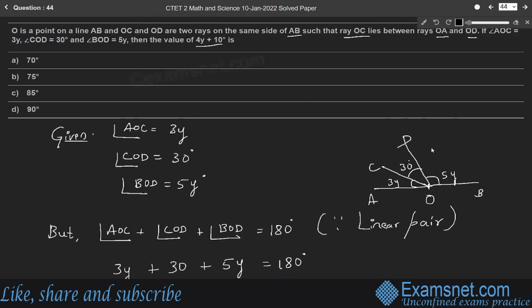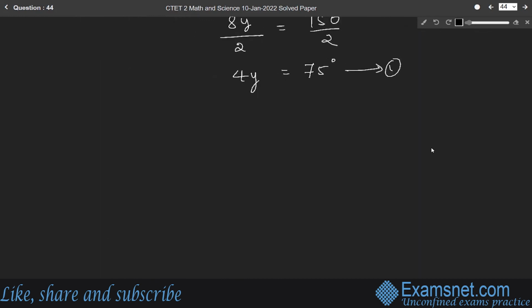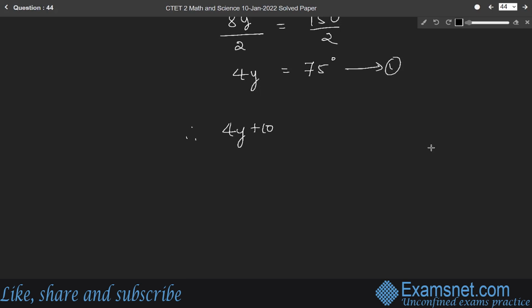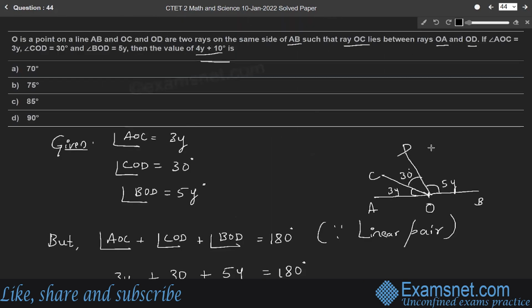Right? So 4y plus 10 is equal to 75 plus 10, which is 85. Therefore, the answer is option C, 85 degrees.